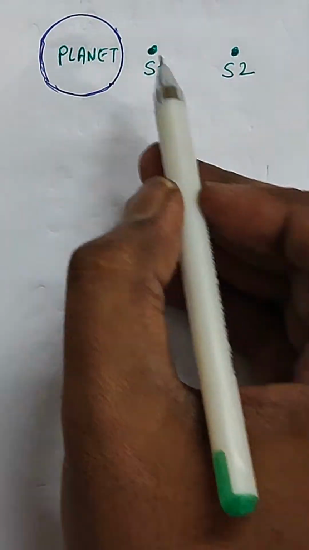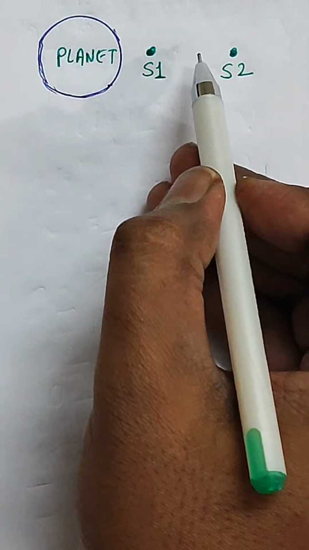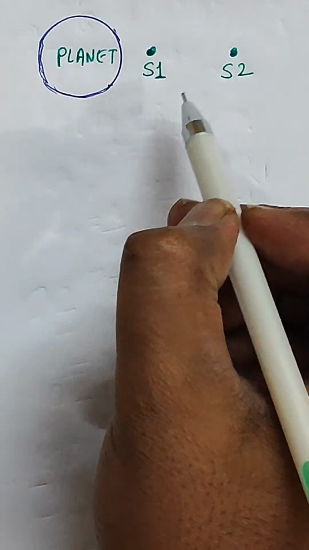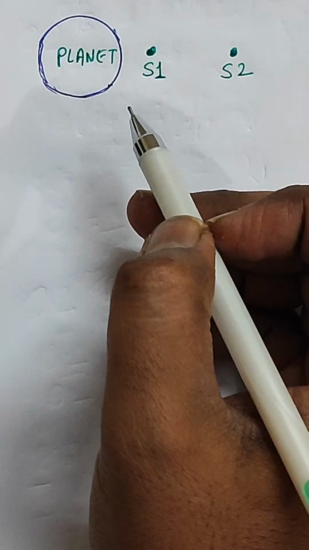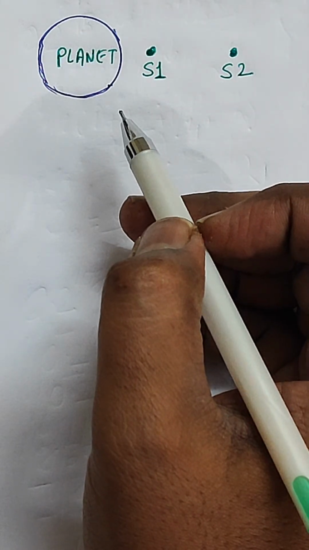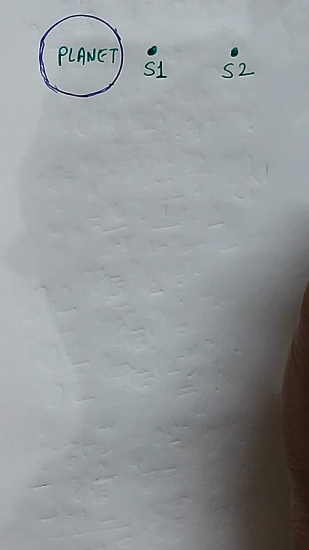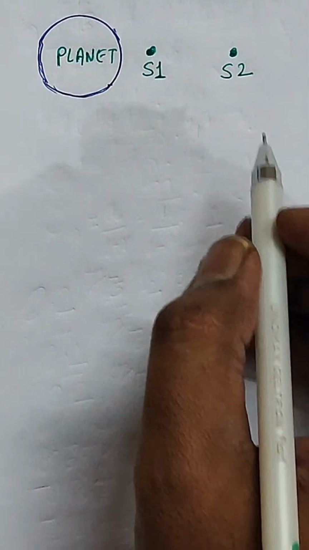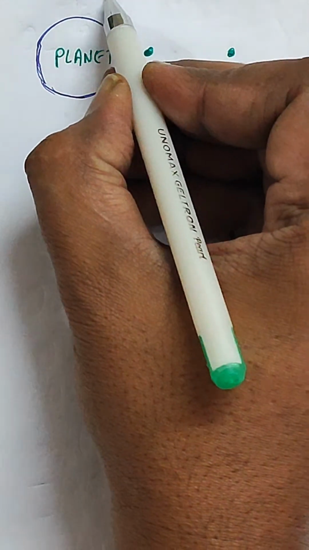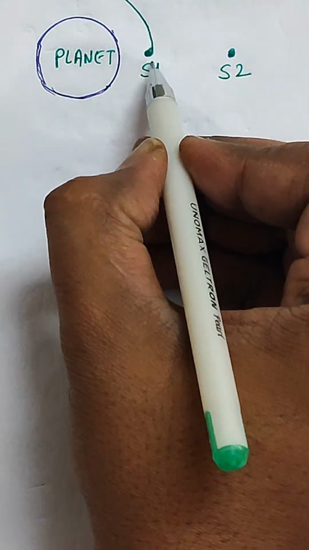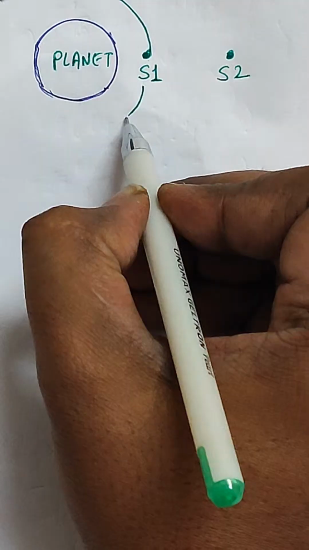And as per the question, these two satellites S1 and S2 revolve around this planet in coplanar circular orbits in the same sense, and their periods of revolution are 1 hour and 8 hour. So in the same sense means the direction of movement of both the satellites is the same, right?